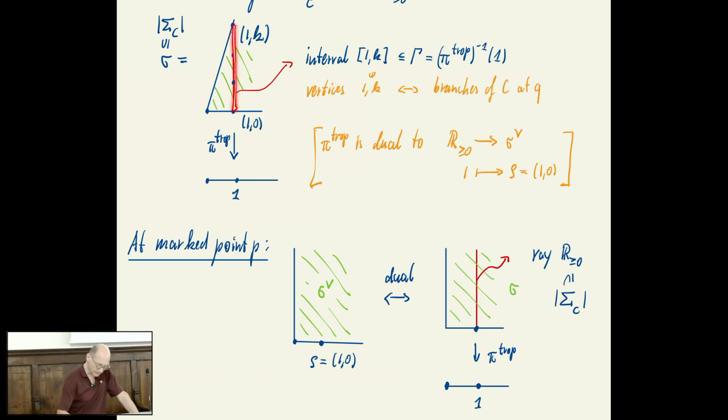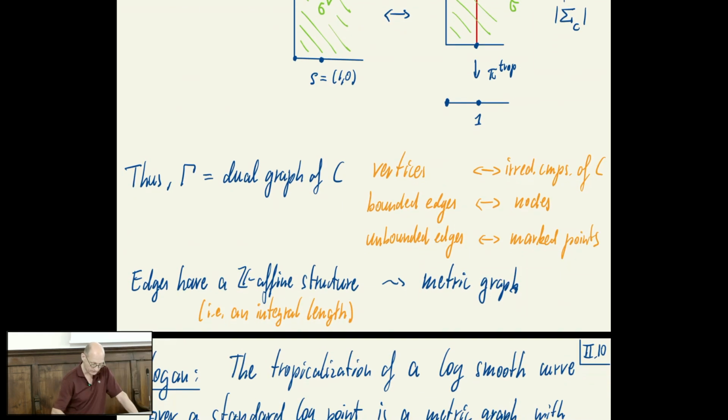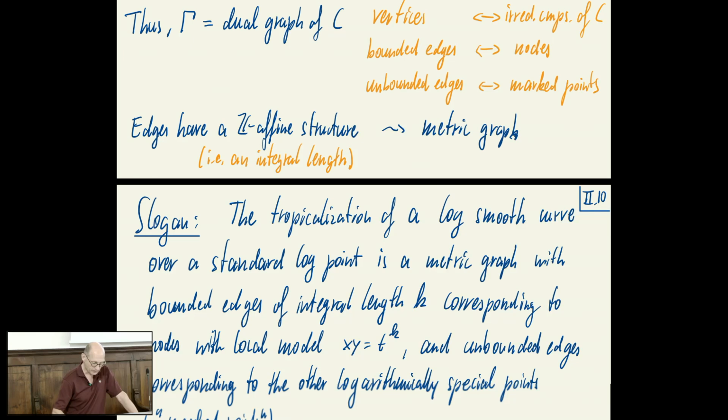Here you get an interval, and at the marked points you get a ray. Okay, so that was a picture. So the tropicalization of that thing, the gamma, that was a fiber over 1. Pi trop inverse of 1. This gamma is the dual graph of C.